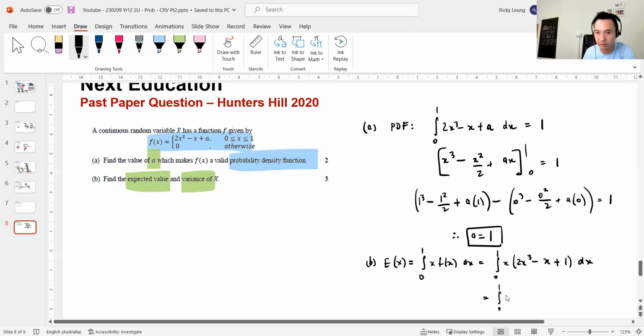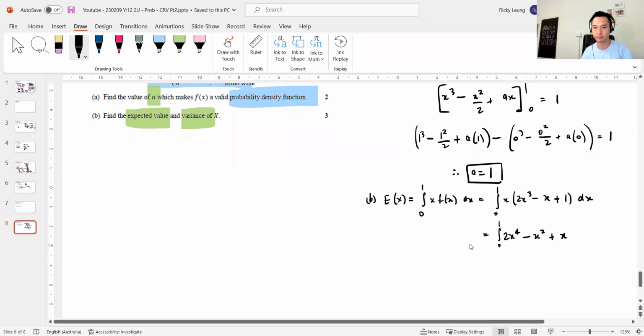That's integrating 2x to the 4 minus x squared plus x. So let's see what that is. It's 2x to the 5 on 5 minus x cubed on 3 plus x squared on 2. Guys, if it's okay with you, I'm just going to skip the zeros. So when I sub 1 in, it'll be 2/5 minus 1/3 plus half. Now, if I did that on the calculator, I think it's 17 on 30.